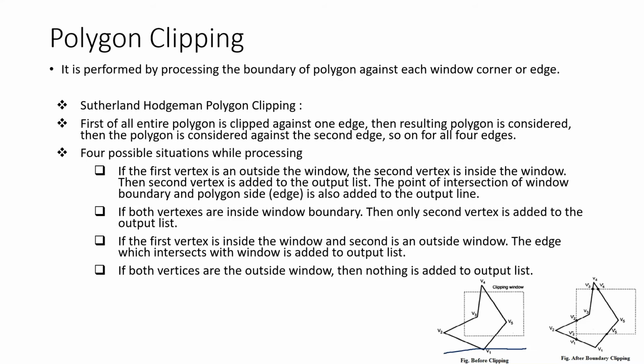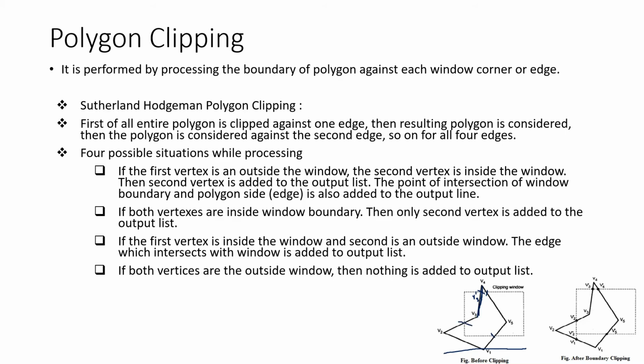So first of all, we have to identify which lines are going to be clipped among this total polygon. Okay, so for example, in this V3 V4 line, you can see that this part is going to be clipped. So you need to find this. Let's say this is V3 dash. You can find it using the line clipping. So similarly, you have to find this part, and this part also.